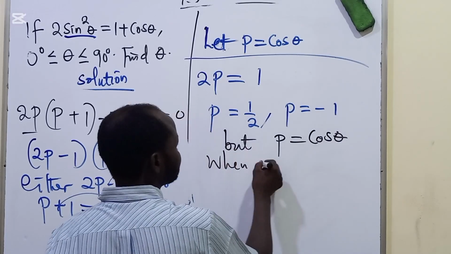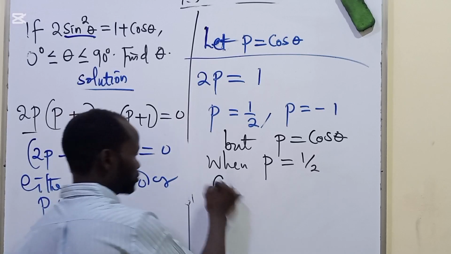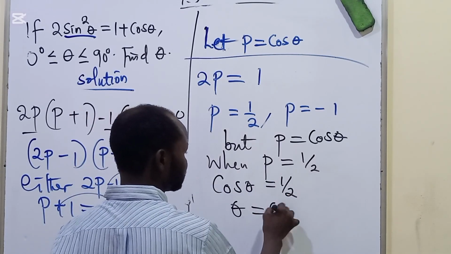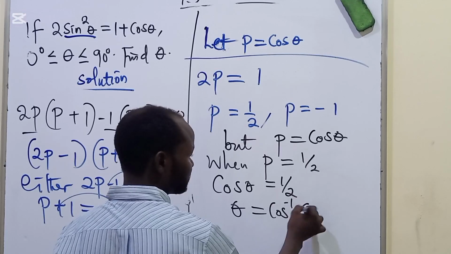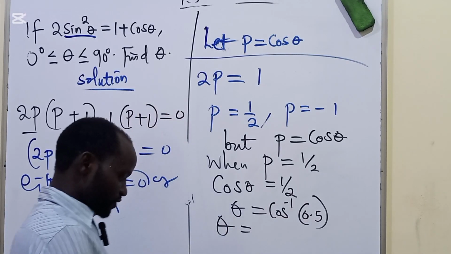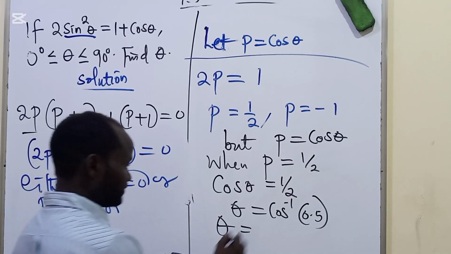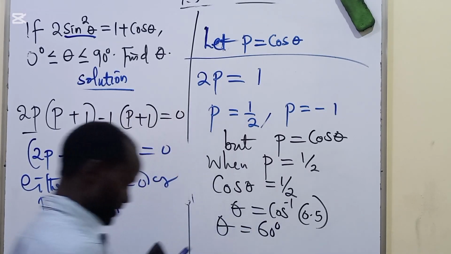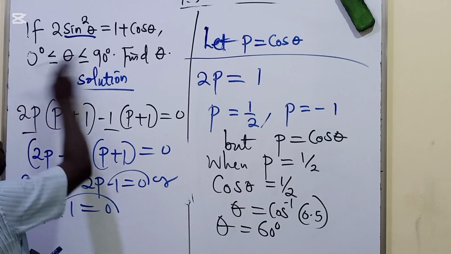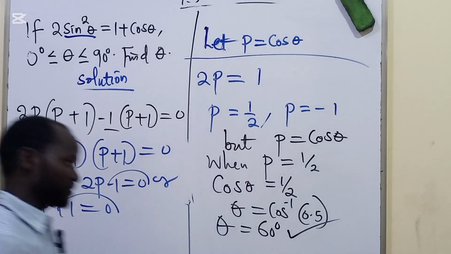So when P is half, what will be our theta? cos theta will be half. Theta will be the cos inverse of half, which is the same as 0.5. Ensure that your calculator is in degrees. Cos inverse of 0.5 is 60 degrees. The question you should ask yourself: does 60 degrees fall between 0 and 90 degrees? Yes. One value of theta is 60 degrees.